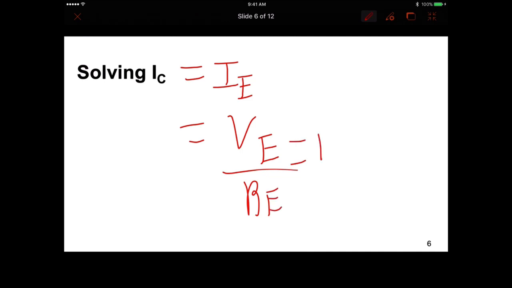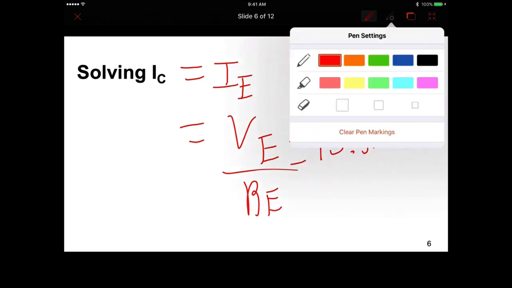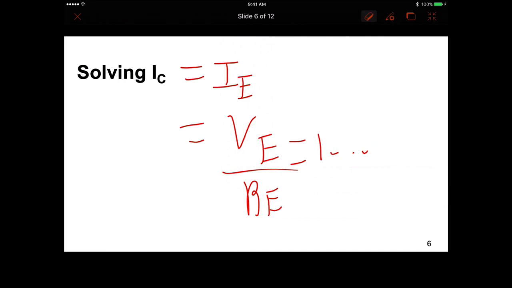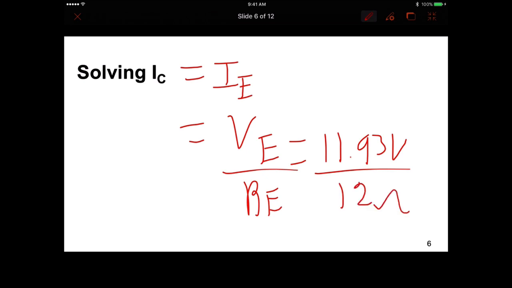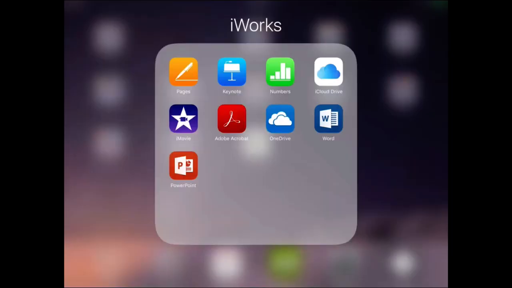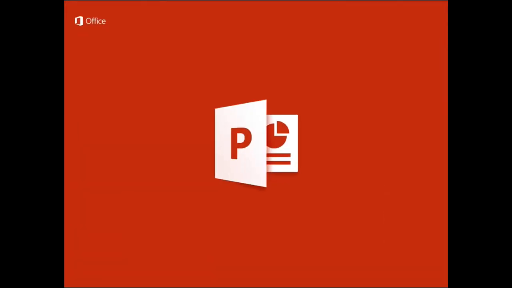So that's 11.93 divided by 12 ohms. Oops, what happened there? Sorry about that. Not sure what happened.